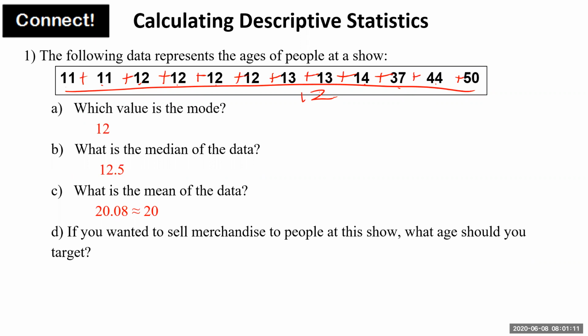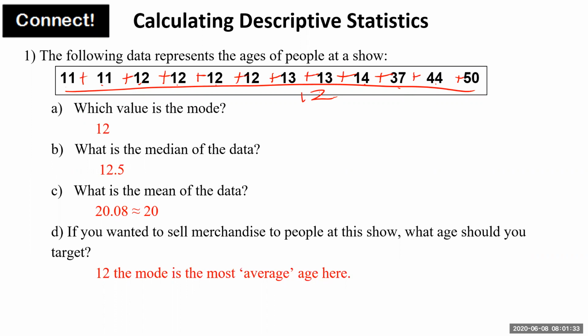So assuming you had a shop, okay, and you collected ages of people who come into your shop, all right, and you realize that people who are ages 12 show up more, that means that you should target that age group.